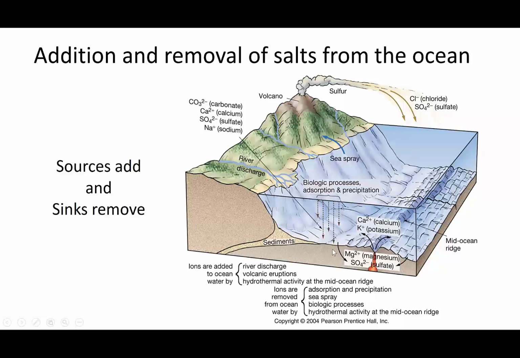And then we have the removal processes. The removal processes are sea spray, which removes salt, obviously, from the ocean onto the land. And then we have biological processes and sedimentary processes that remove the salts that precipitate onto particles, fall down and collect on the bottom of the ocean as sediments, and then ultimately are probably removed via subduction of those sediments out of the ocean realm.